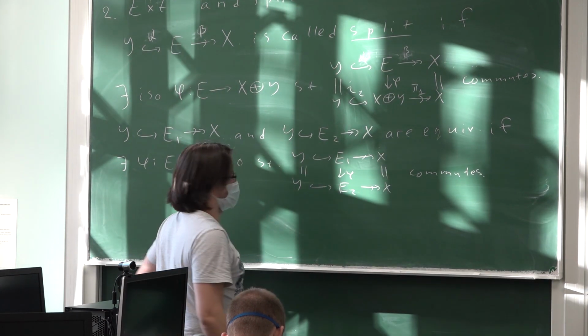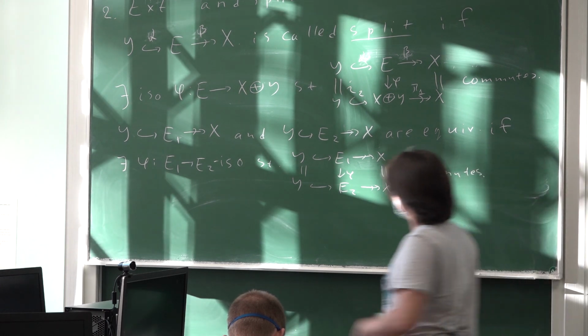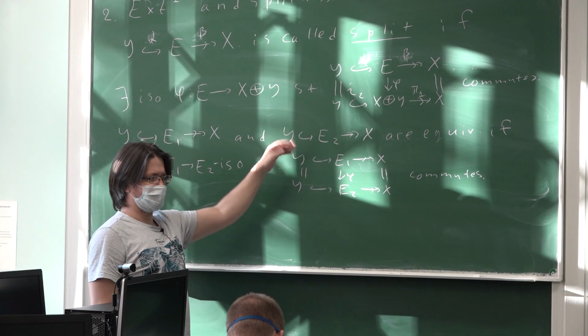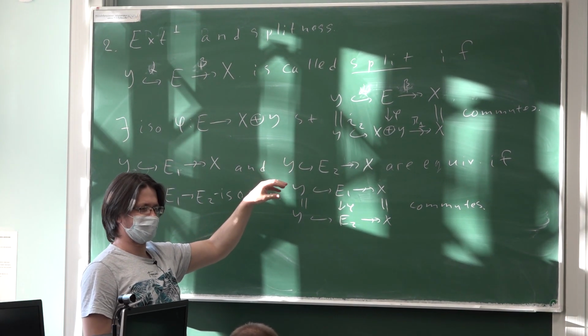Well, why is it so? It is so because what does it mean that two extensions are equivalent? This means that they can be connected by a sequence of elementary equivalences, yes.